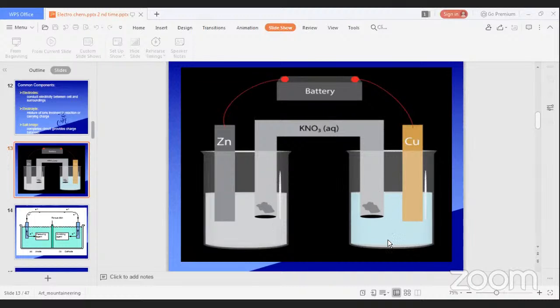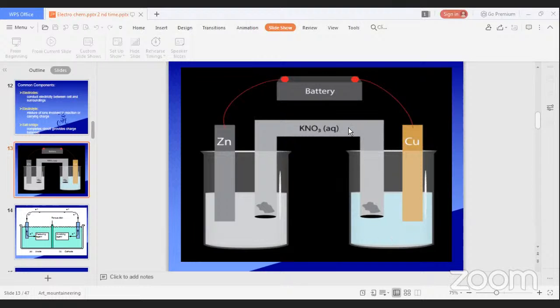If I take copper sulfate here, this is called the copper electrolyte. So this is electrode, this is electrolyte. This solution is called the electrolytic solution: zinc sulfate electrolytic solution, and this is copper sulfate electrolytic solution.